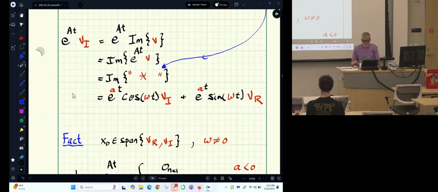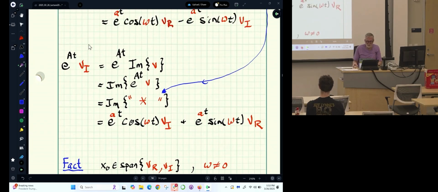But what this formula is saying is the following. The imaginary part of a vector, that's a real vector. Take a real vector plus i times a real vector, that's a complex vector. The imaginary part is what multiplies the i, the imaginary unit. So this is real. e to the at is real, so the whole thing has to be real.